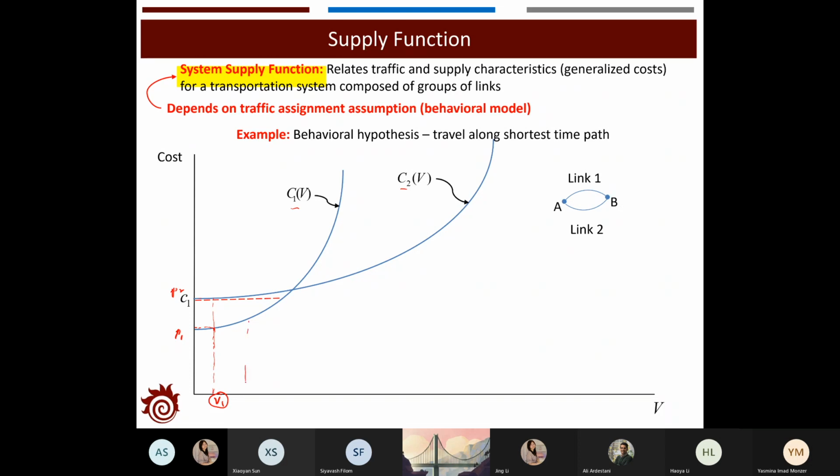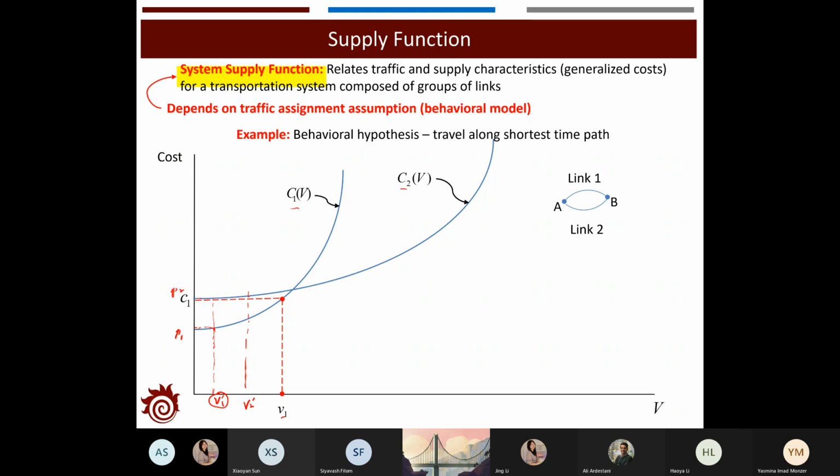And similarly for the second case, V2 is still much smaller than P2, and I'm just using prime to differentiate them, until we reach this case at V1. At V1 you have the cost of C1 from link 1.